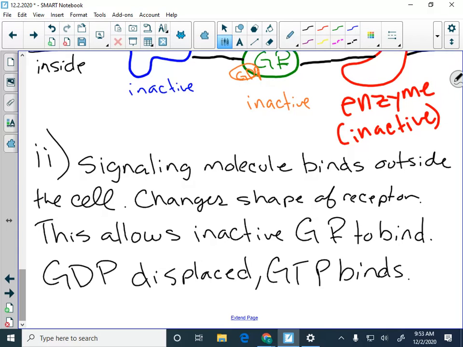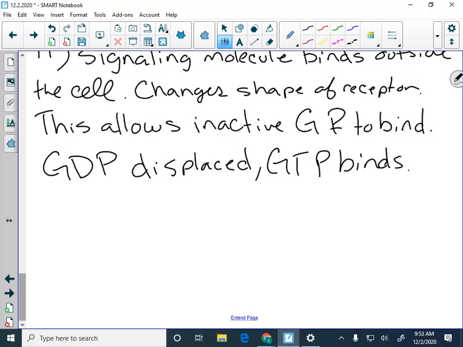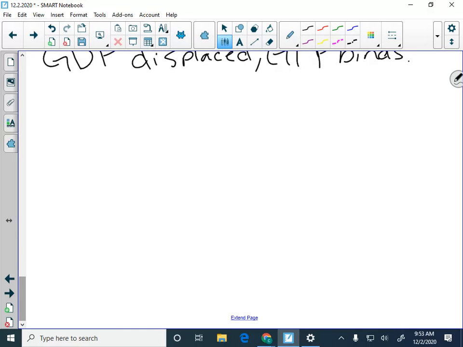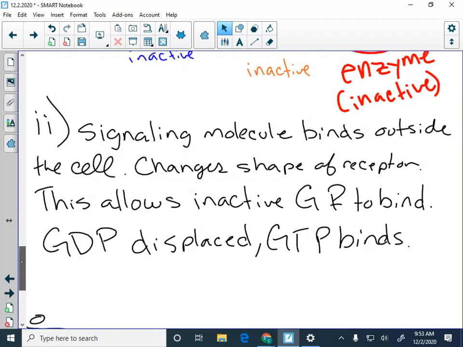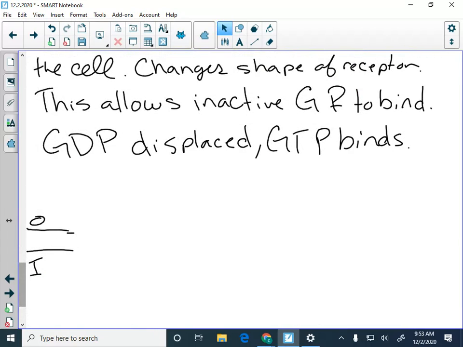So, we still have our same orientation. This is outside, this is inside. Make sure I got the same color scheme. Blue, yes. All right.